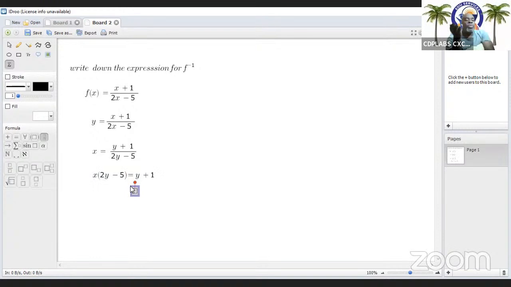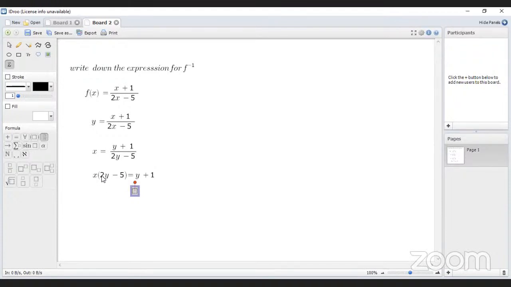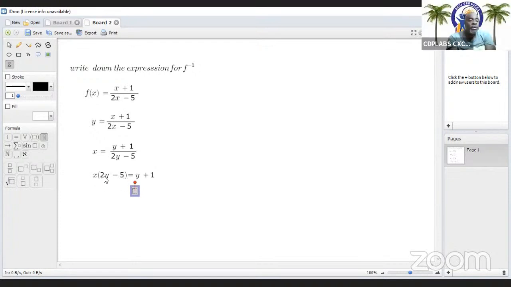But remember now, you're solving for y. You need to put y on one side. That's the whole idea, to keep y on one side. But before we can do that, we first carry out this.